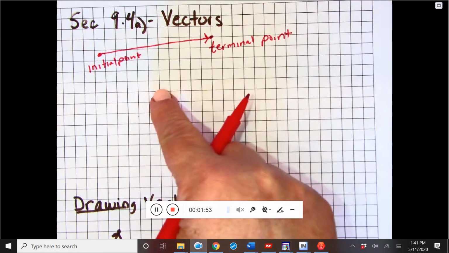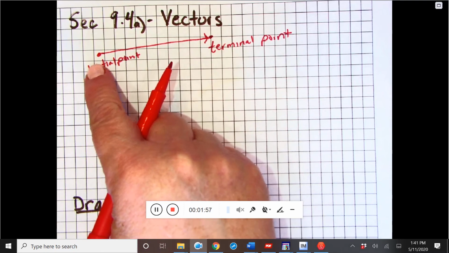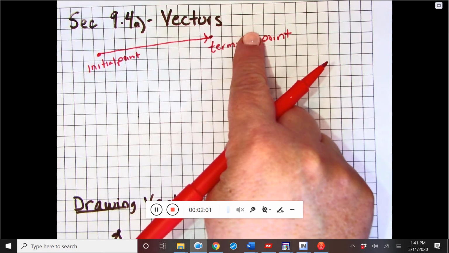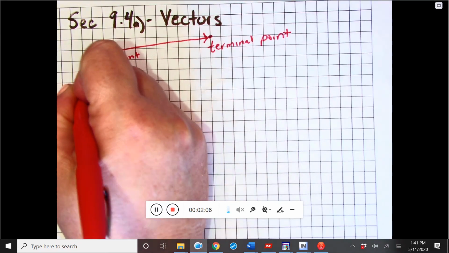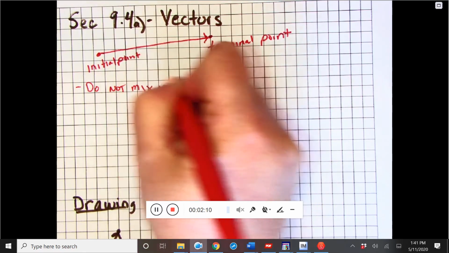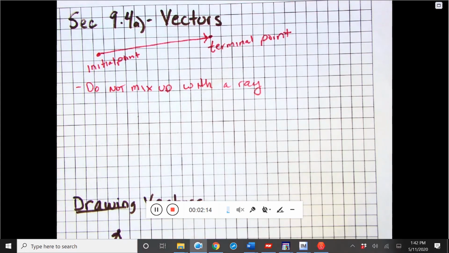Now, don't get this confused with a ray. It doesn't go on forever. The vector has a definite length, which is called magnitude, and it has a definite direction, which is indicated by the arrow. So, do not mix it up with a ray. A ray in geometry goes on forever and ever.